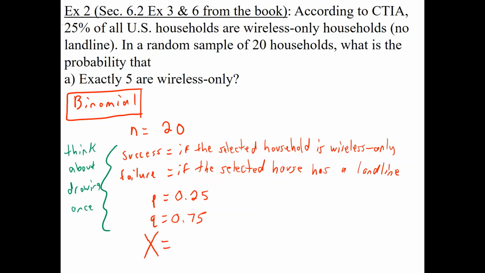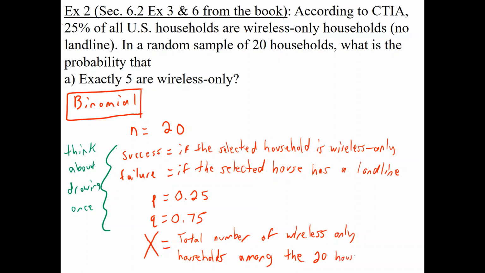So X is going to be the total number of wireless only households among the 20 households selected. Okay, so those are the 7 things you need to write down before you start any binomial problem.